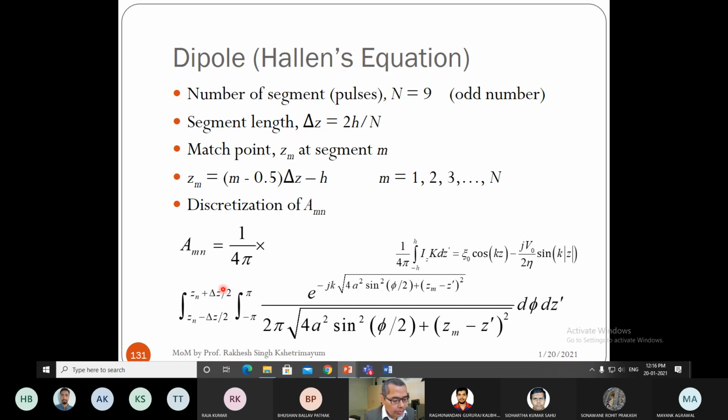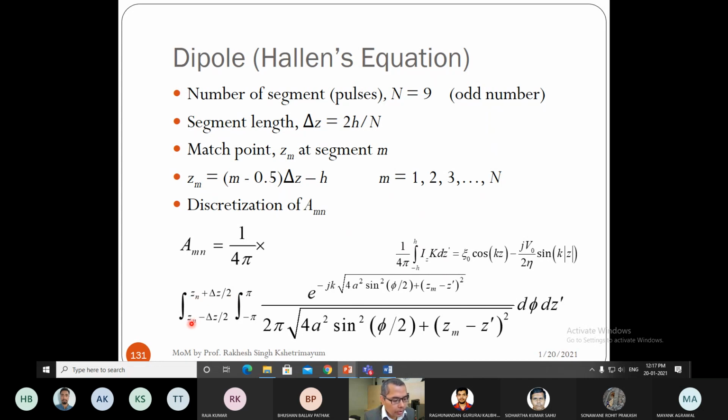But now this is for a particular basis function. The particular basis function is a pulse function. Pulse function is non-zero only over that interval, and outside that interval it will become 0. The pulse function has a span from Zn minus delta Z by 2 to Zn plus delta Z by 2. We're considering the nth pulse function.